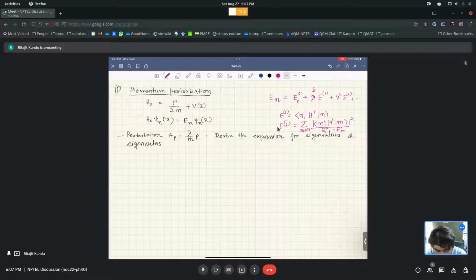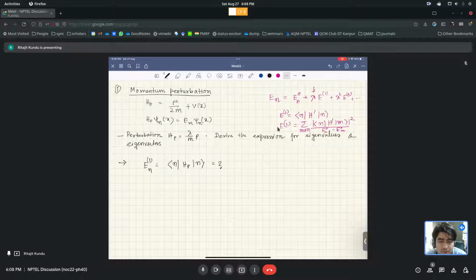A typical calculation of this form starts with calculating the first order in energy. So you plug in your nth eigenstate, I am writing the ket notation here, the nth eigenstate, then h prime, and then n. You see whether this is 0 or not.